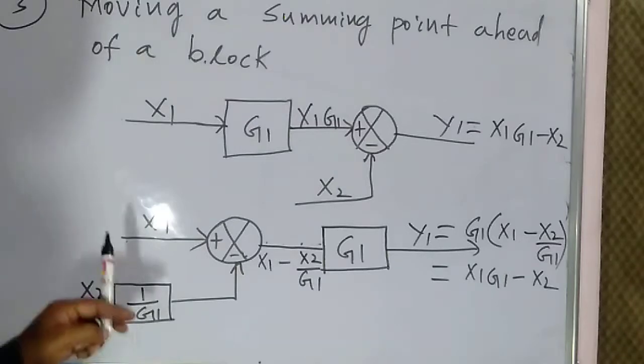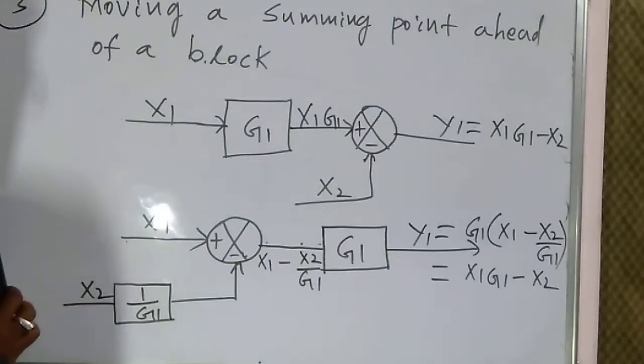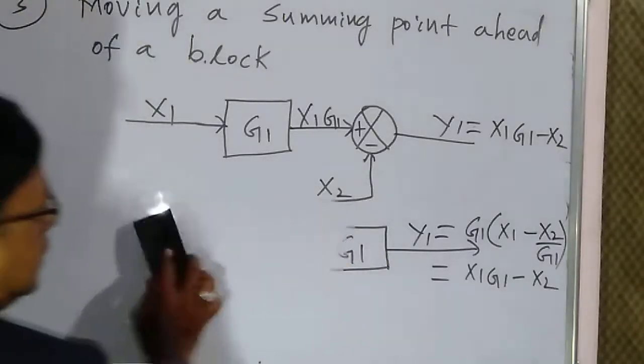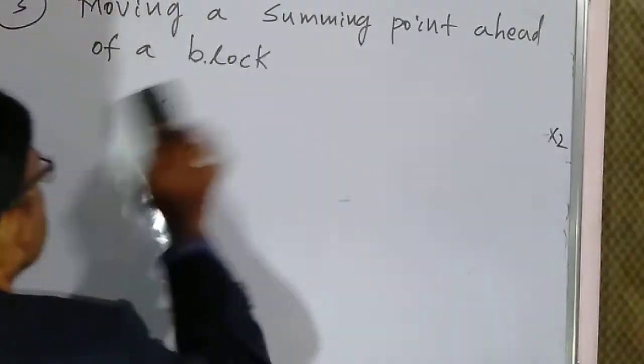Therefore this rule is valid, or this can be changed in block diagram reduction technique when a summing point moves from in front of a block to beyond the block.